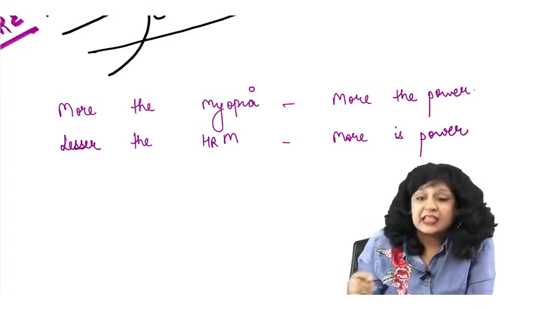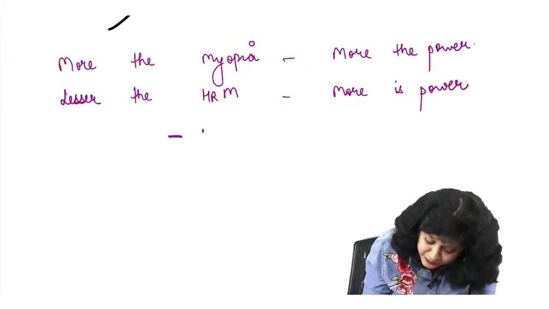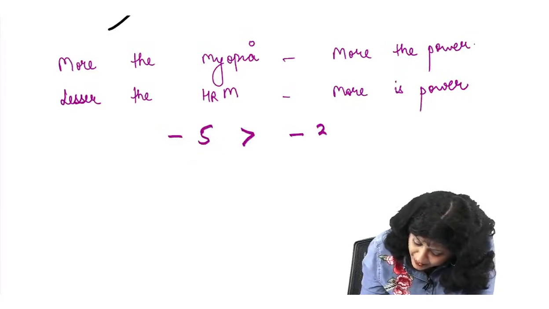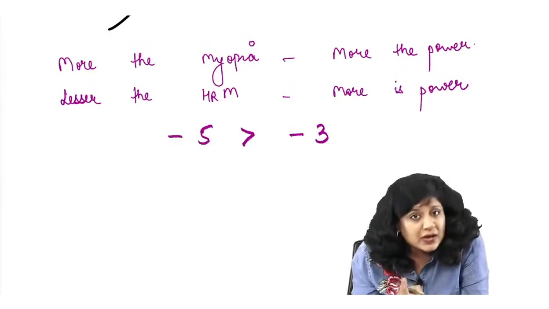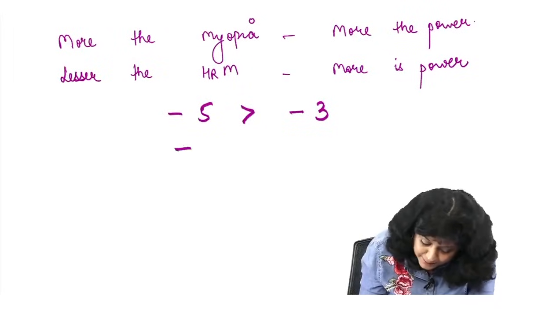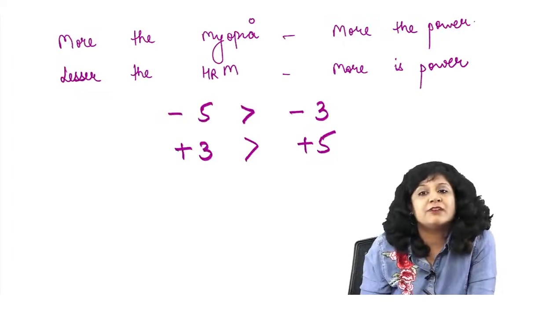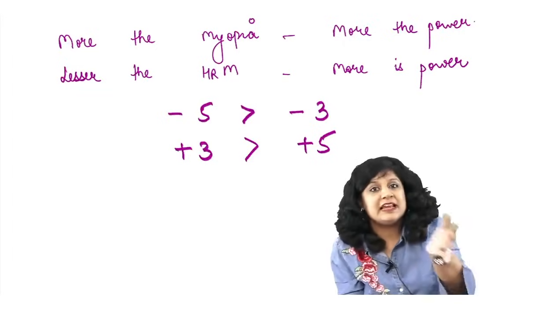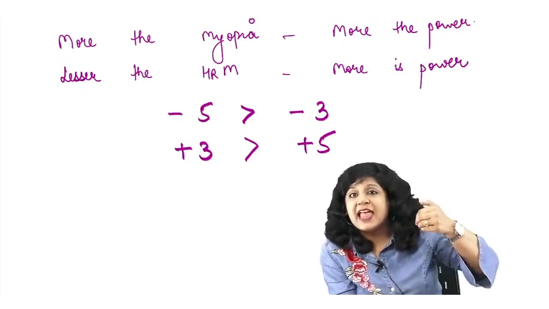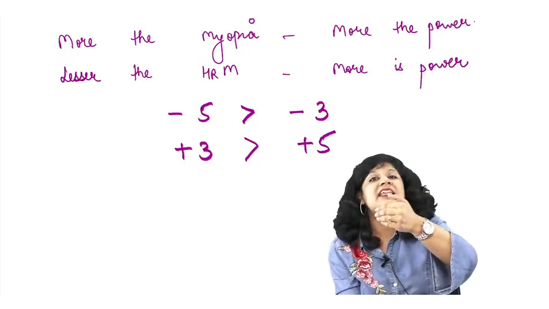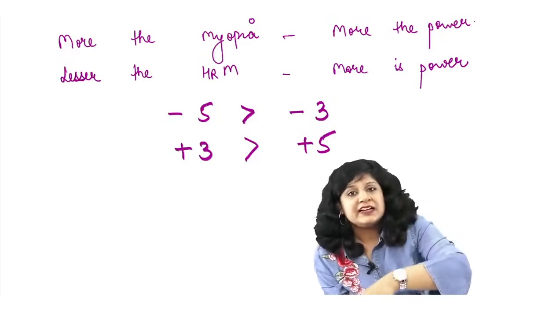So that means -5 will be more than -3 because it is myopia, but +3 will be more than +5. +5 power will be lesser than +3, because as the hypermetropia increases, power will go on decreasing.